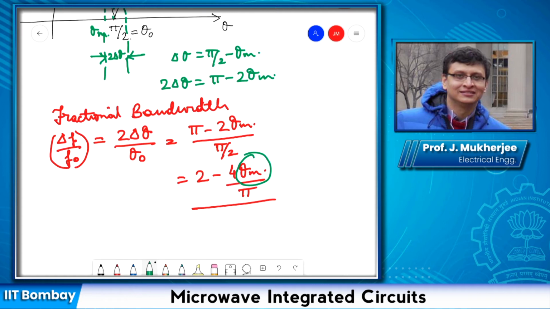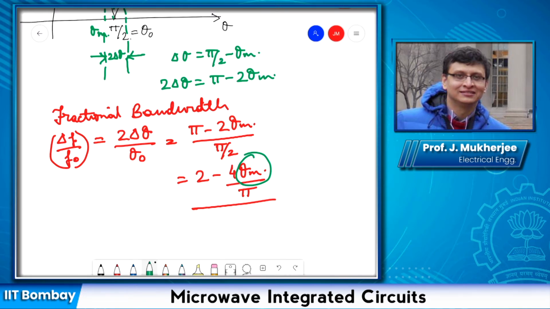So theta m decreases with increase in n, so the fractional bandwidth will increase with increase in n, which in turn verifies in another way what I had already stated, that the higher the value of n, capital N, the higher will be the bandwidth. And I had also said, as we shall see in a few moments, that the value of n, capital N, determines the number of sections in the multi-section transformer.